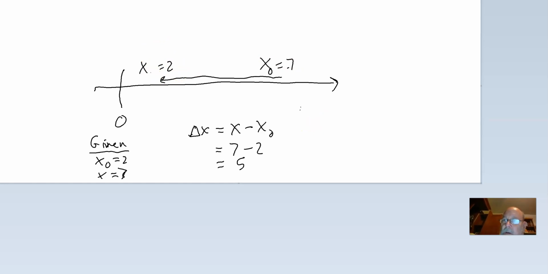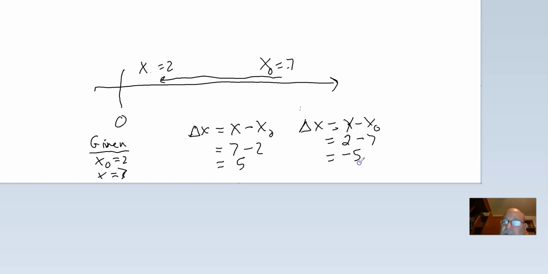So delta x, or my change of position, right? My change of position equals final position minus initial position, right? X minus x0. So now my final position is 2 and my initial position is 7. So now that's going to equal -5.